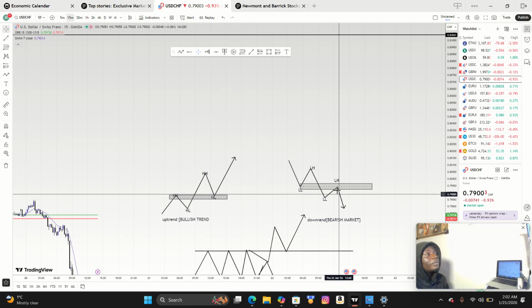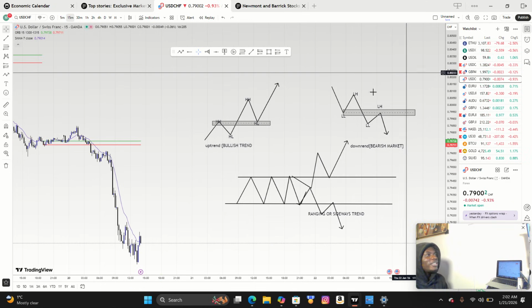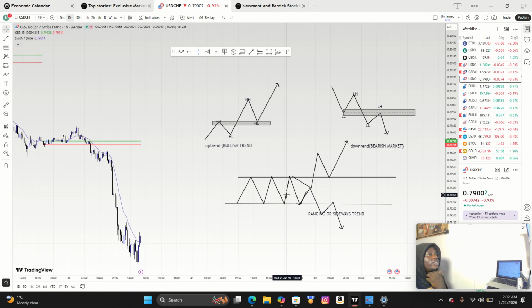The ranging market will give you equal high, equal low, equal high, equal low. Instead of higher highs and higher lows, in a ranging market the market will always give you what many traders call equal lows. Equal low. This is equal high.